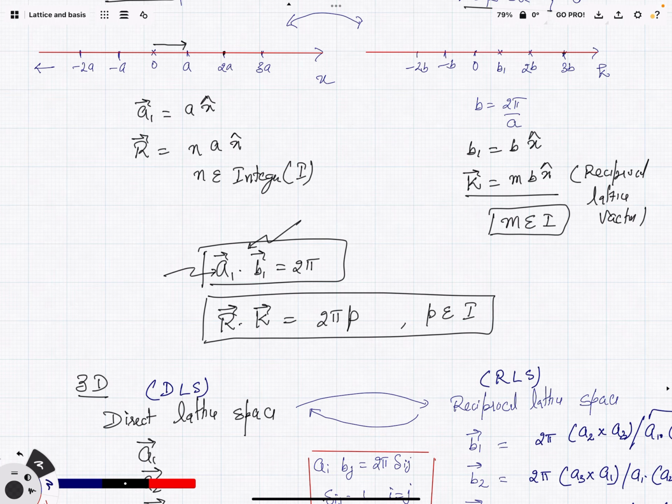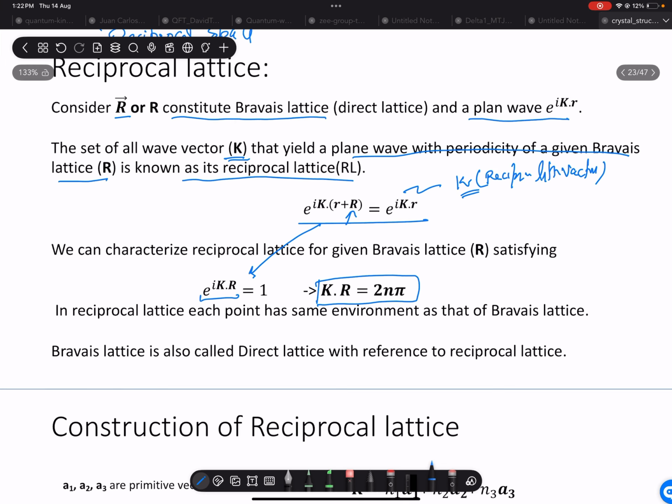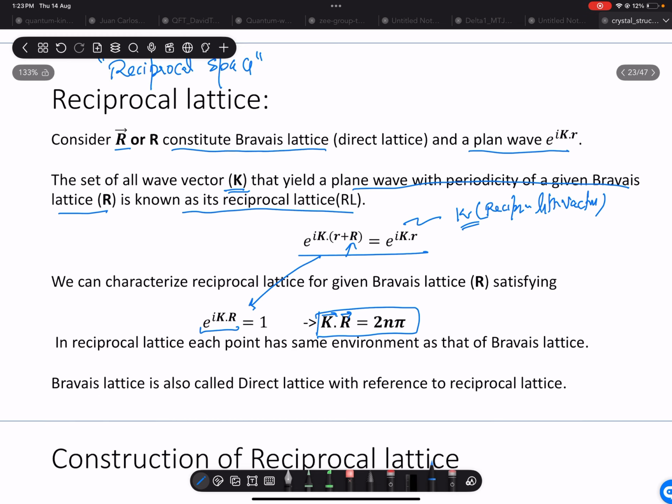So R into k, these are vectors, has to be 2 pi n. There are two equivalent ways of looking at it, and both are legitimate. One is described in my notes and one is given in the slides.